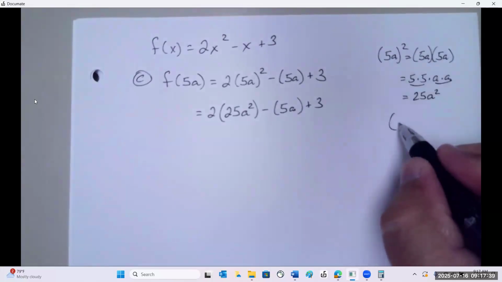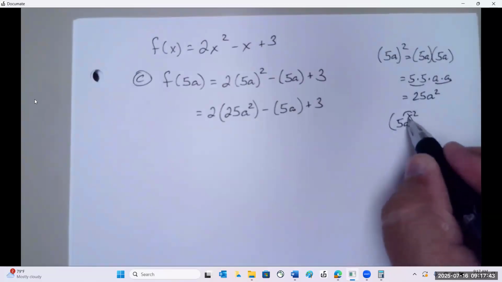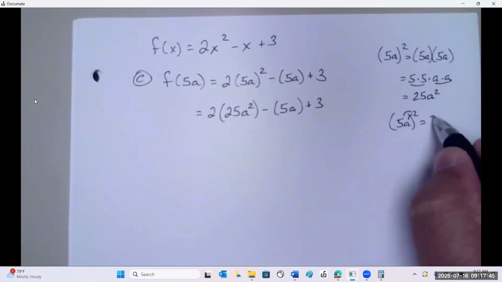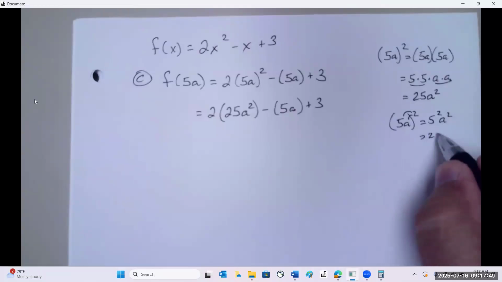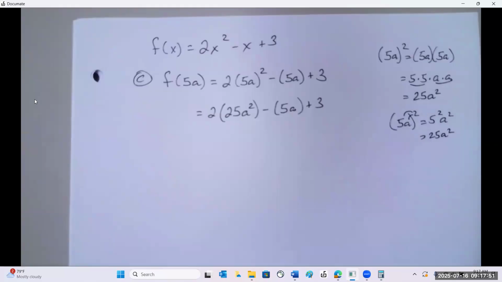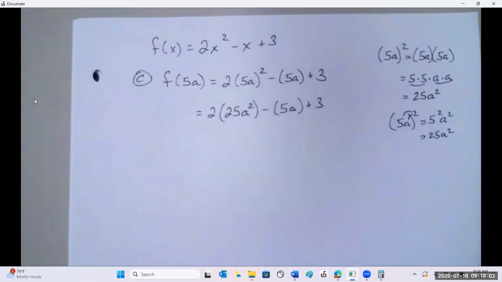Now, another way you could have done that is to distribute the exponent, since they're multiplied. So we have 5 squared, a squared; 5 squared is 25, a squared. You can do either one of those. What I'm doing is order of operations.